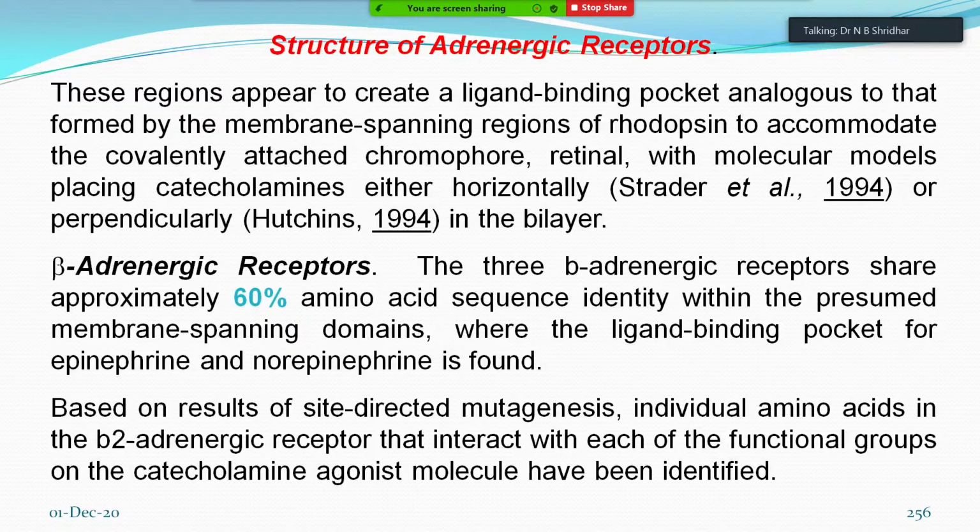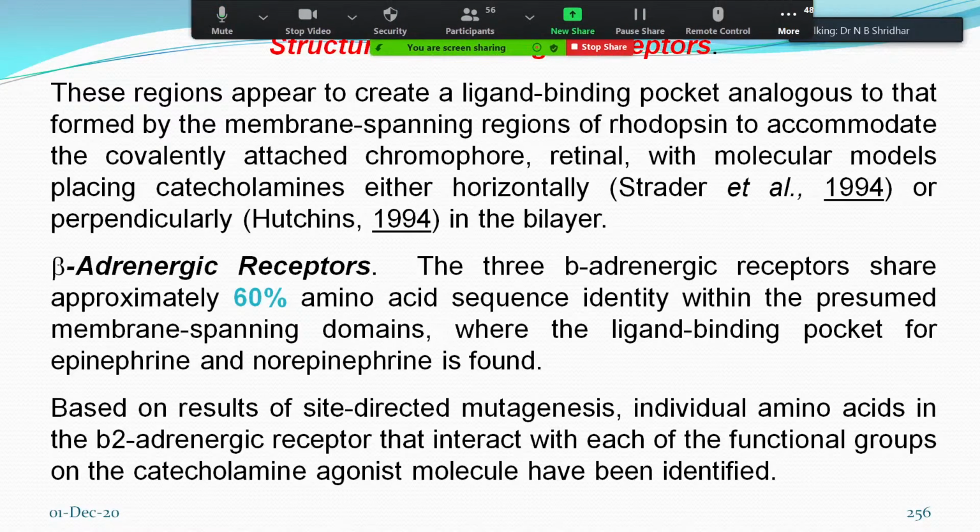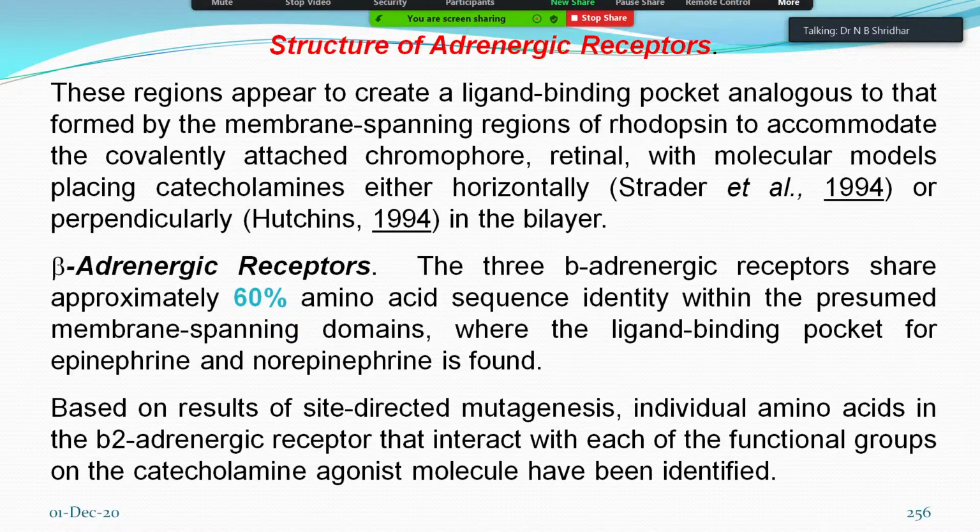So there is a ligand binding pocket on the particular receptors, and these receptors do have a very specific protein. Whereas the three beta adrenergic receptors share approximately 60% amino acid sequence, already dealt with within the presumed membrane spanning domains.